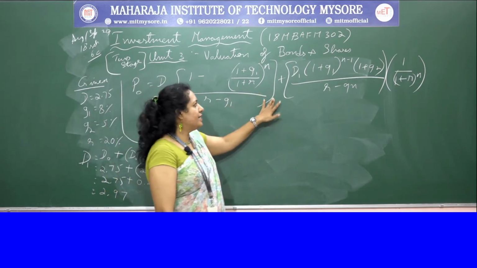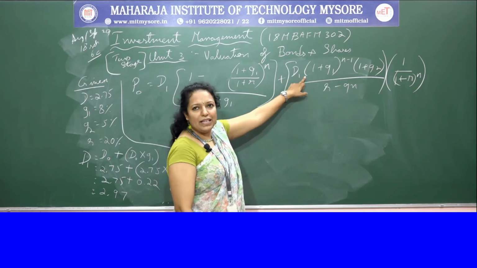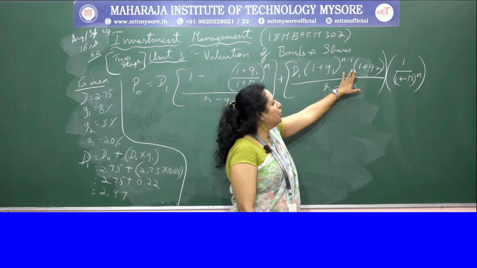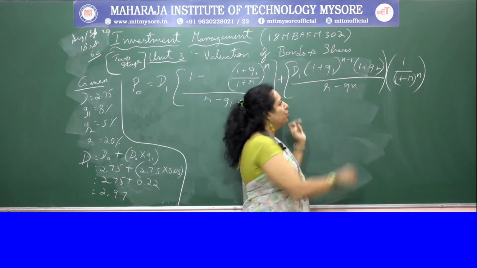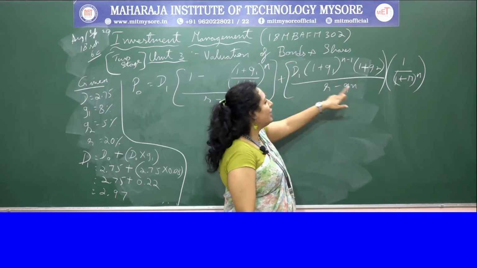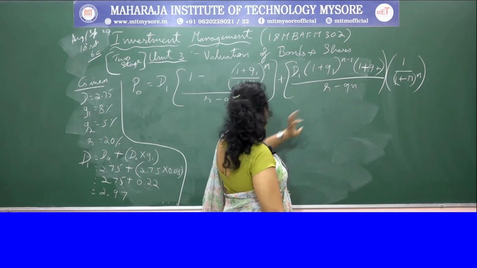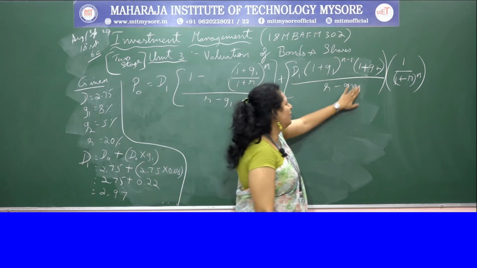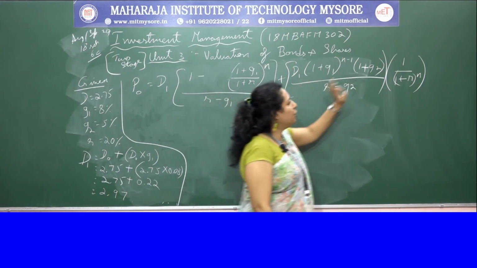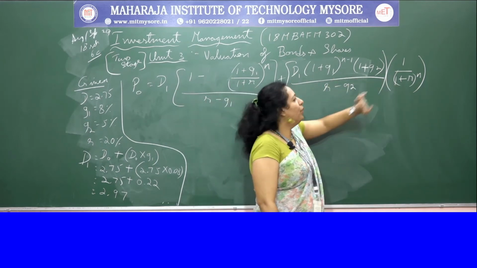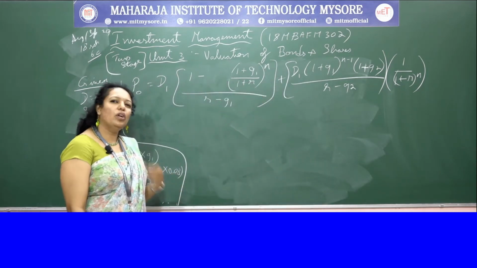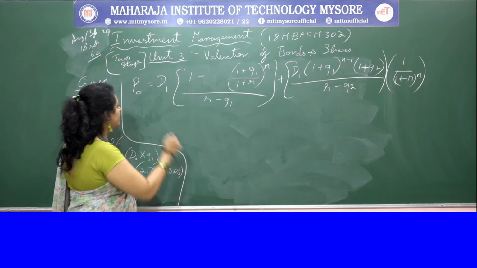Plus D1 into (1 plus G1) to the power of N minus 1 into (1 plus G2), divided by R minus G2, into 1 divided by (1 plus R) to the power of N. So this is the formula. Now I'll slowly do the substitution, you just try to understand.